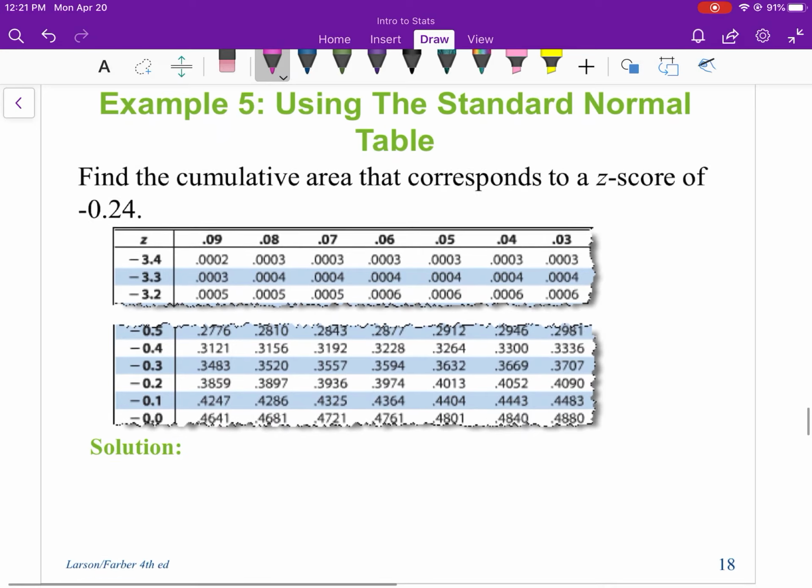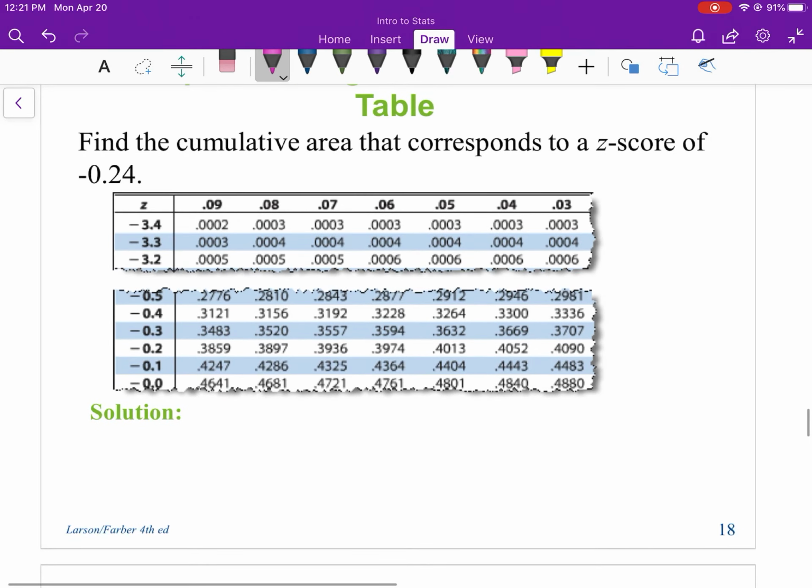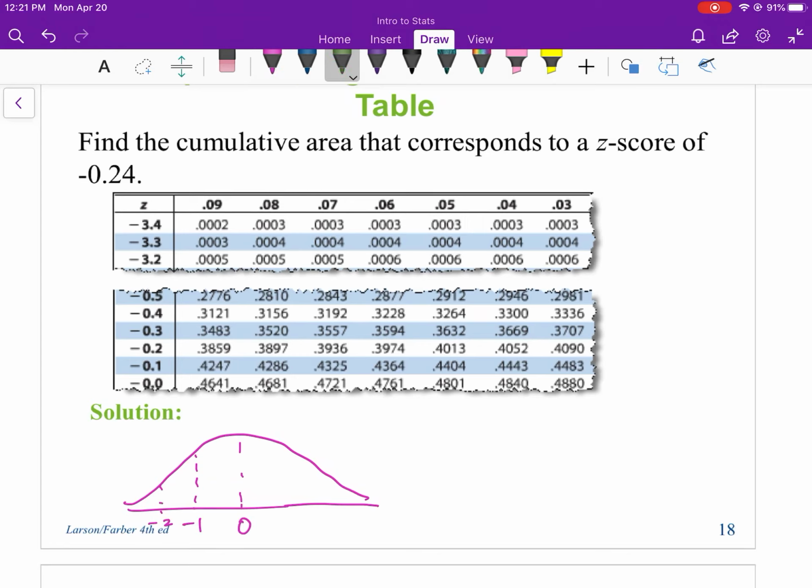If I wanted to go with a z-score of negative 0.24, here's 0, here's negative 1, negative 2. Negative 0.24 is pretty close to 0, so it's right here.